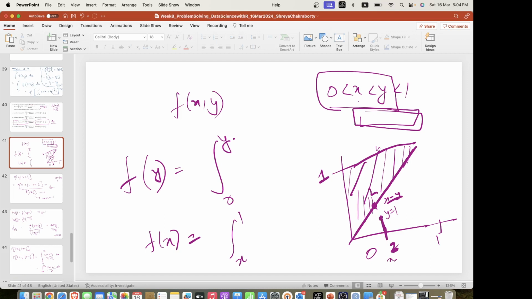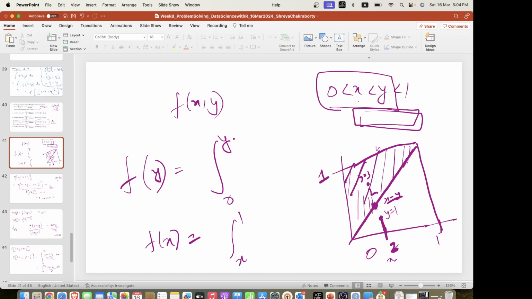The condition x greater than y is not satisfied, so the lower part is not your area under consideration. If we select the upper part, and x is 2 here, your y will be 3, so x less than y is satisfied. Then this upper triangle is your area of concern.